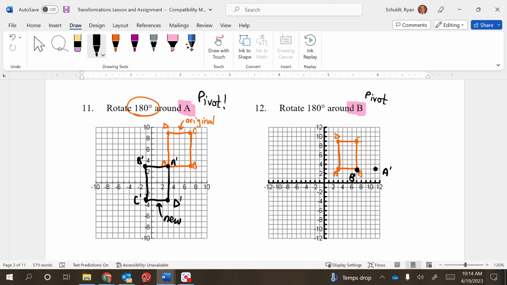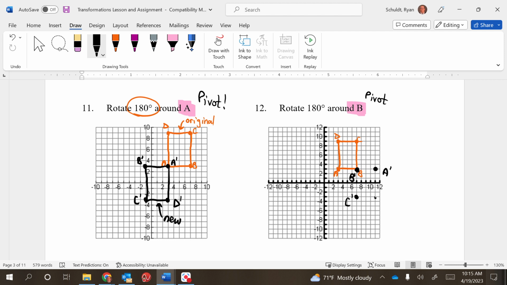Okay, if B stays in place, there's A, C. Wait a minute. Hold up. Okay, so B's here, A's there. C's going to have to go 6 down. C is going to have to be down here now, because A swung over, that means C swings and then swings. So C is going to be C prime down here.